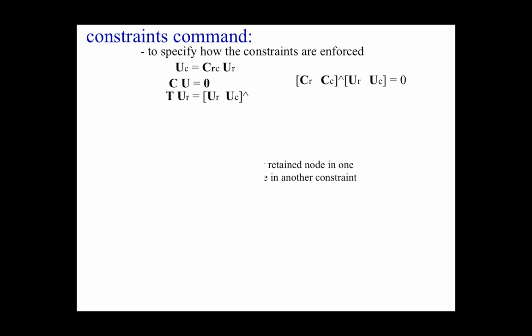So if you specify your handler as transformation, this is the matrix equation we're solving when we solve AX equals B. As you see, the K is T transpose KT, and the R vector is T transpose R, where T is this matrix here. Okay? So we do a transformation on that matrix before we put it into the global system.